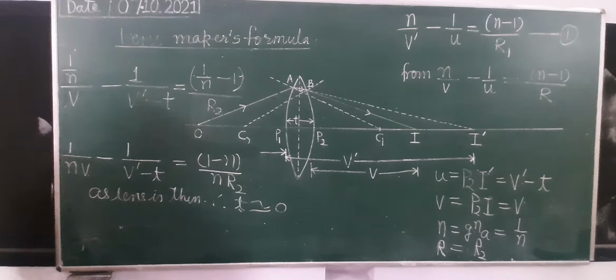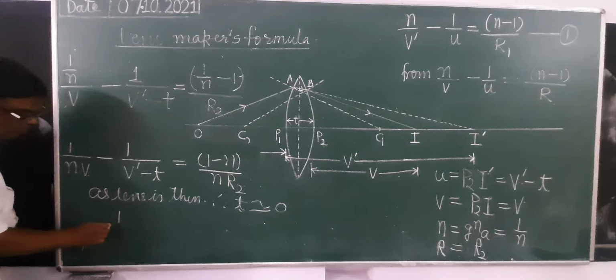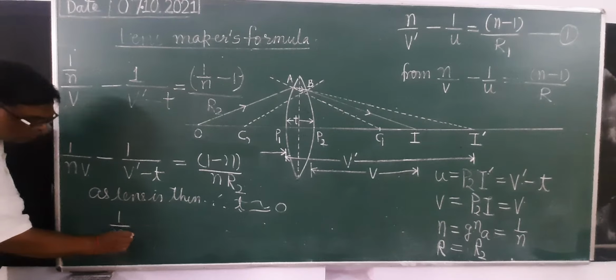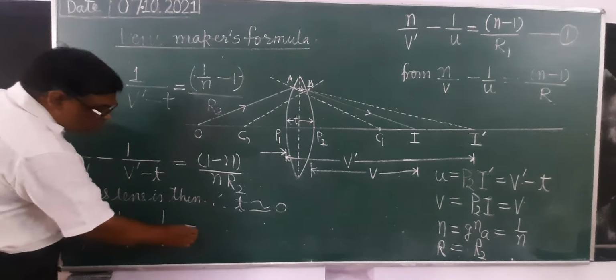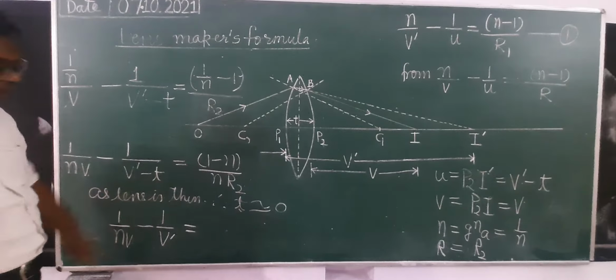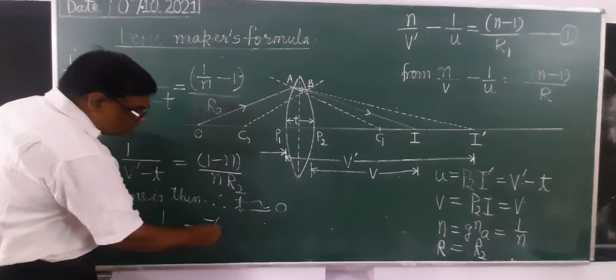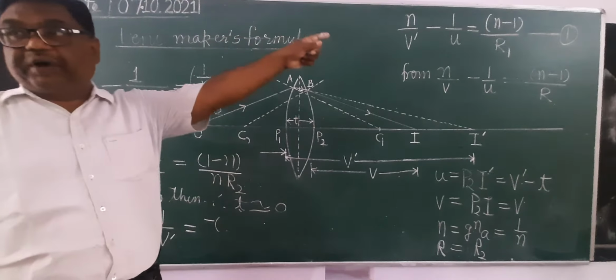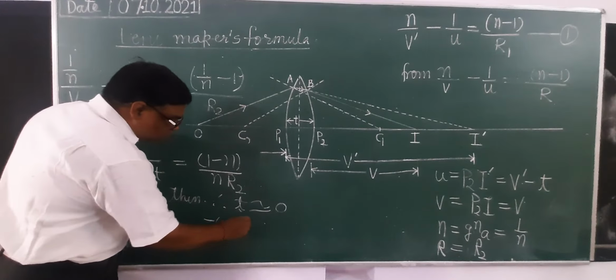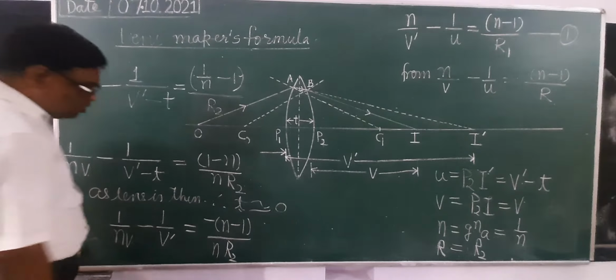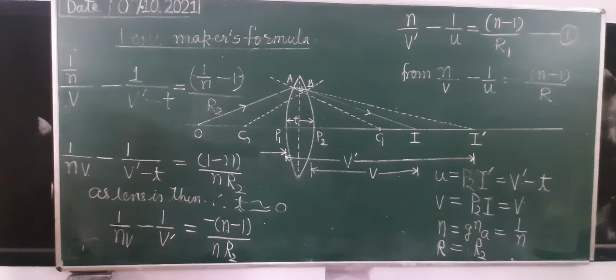So when you will neglect it, it will be minus 1 upon v dash equals to, here you take out minus sign common, because in equation 1 it is n minus 1. So you take out minus sign common, so n minus 1 into 1 upon r.